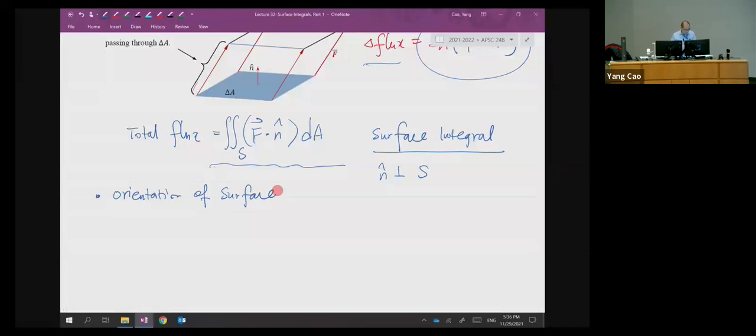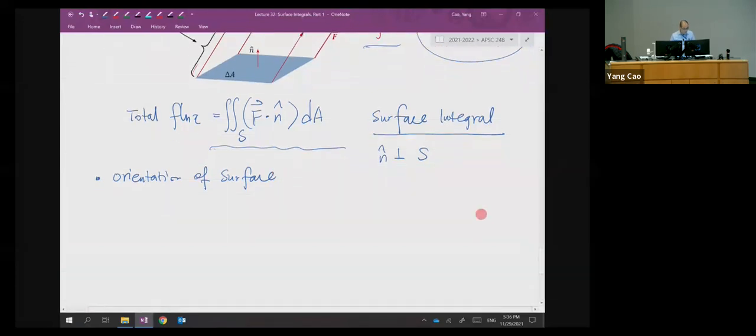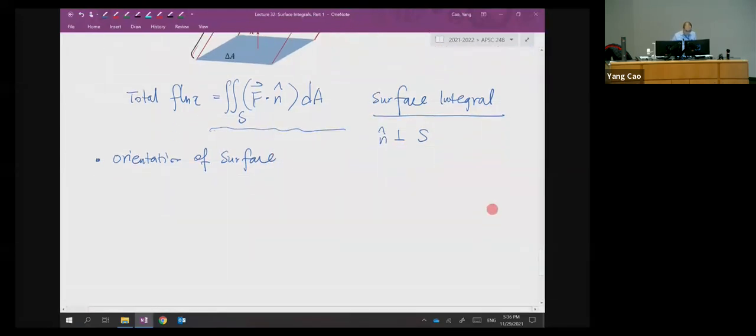This concept is called orientation of surface.